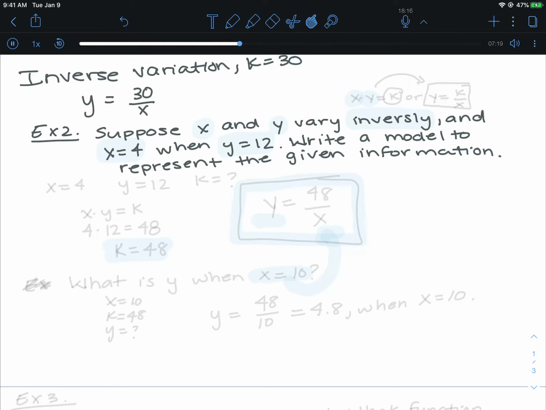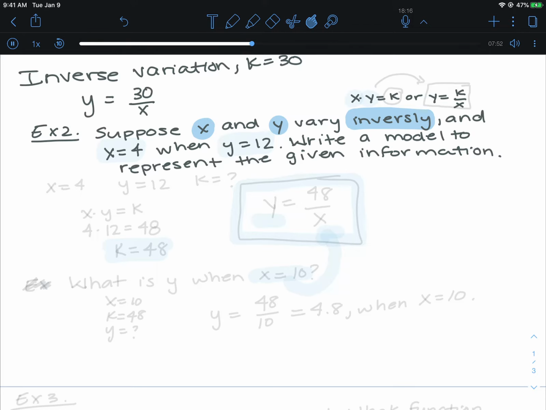So you have a lot of key clues in this sentence. You just have to go back and see what stands out. If I read this, suppose x and y vary inversely. If they vary inversely and not directly, that means we can get x times y equals k, or y equals k divided by x.